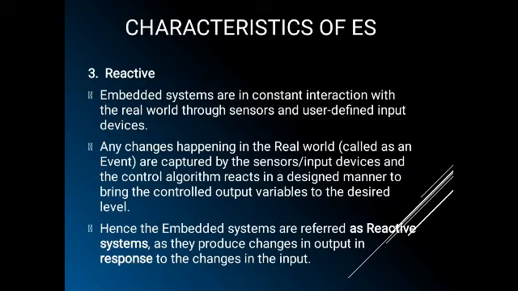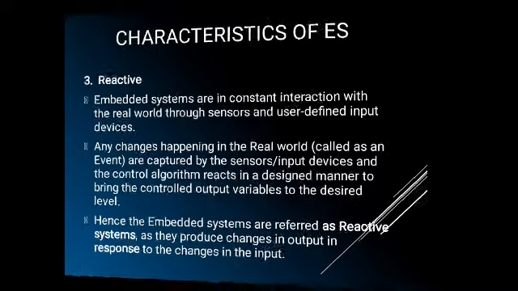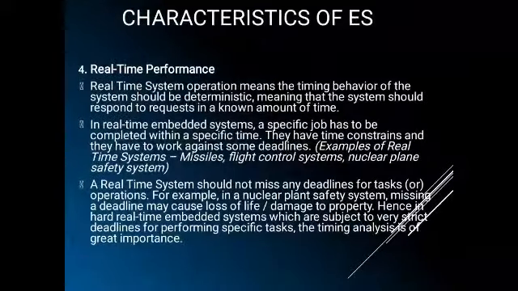For example, in a room temperature controller with a temperature sensor, if the temperature in the room is above the threshold level, it has to increase the cooling. If it is below the threshold, it has to switch off the cooling system. Hence the embedded systems are referred to as reactive systems, as they produce changes in output in response to the changes in the input.